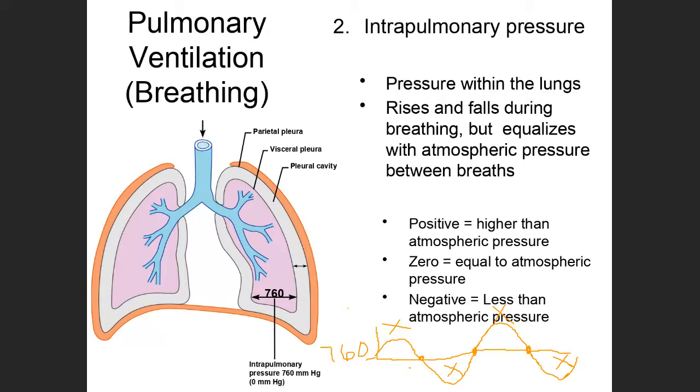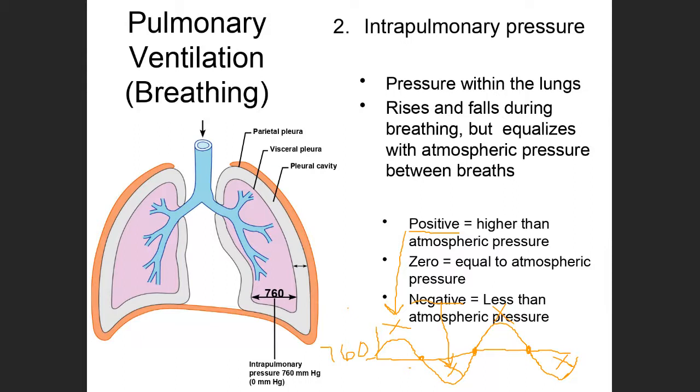So we talk about intrapulmonary pressure being positive when the pressure is higher than atmospheric pressure, like you see here. That again is going to happen when you're exhaling. Intrapulmonary pressure is negative when the pressure in your lungs is lower than atmospheric pressure.